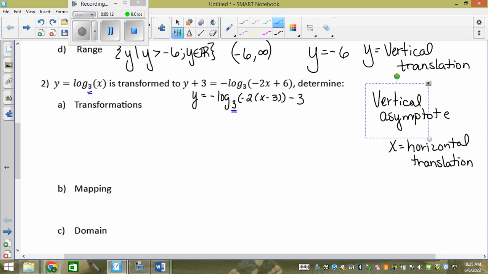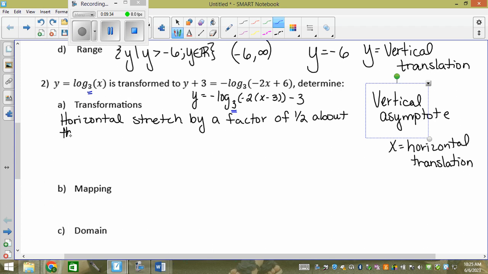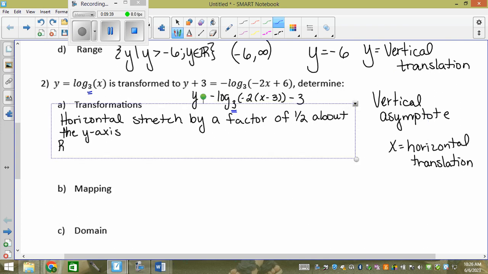Does that base appear anywhere in my transformations? No. So I don't have a vertical stretch, but I do have a horizontal stretch by a factor of a half about the y-axis. This one I have reflections in both. So I have a reflection, and this is the only one I can write together, reflection in the x and y-axis.